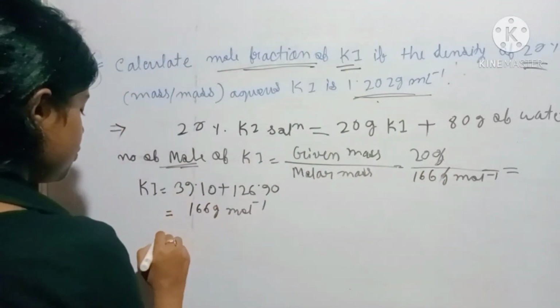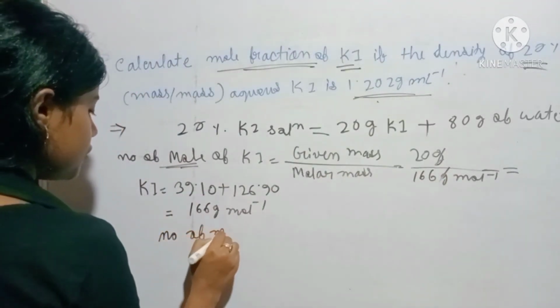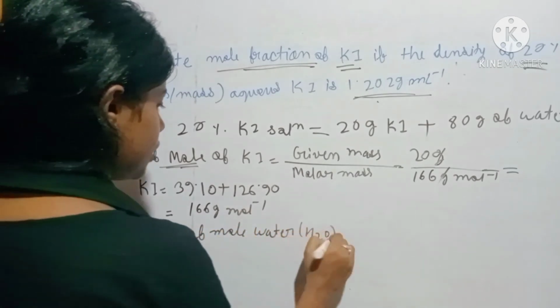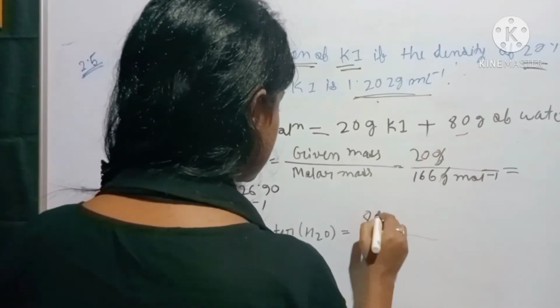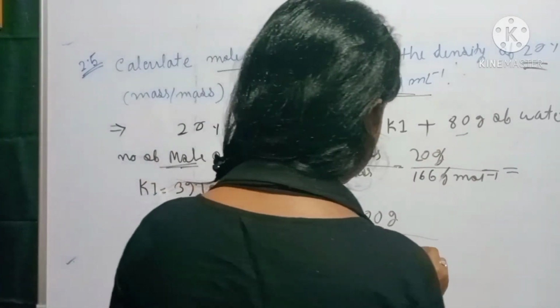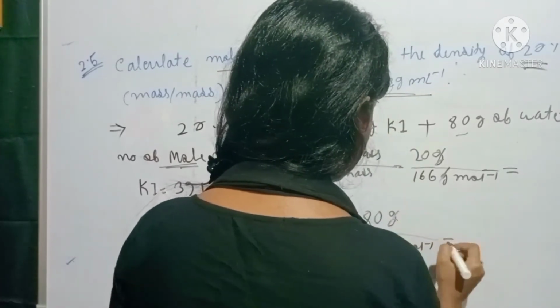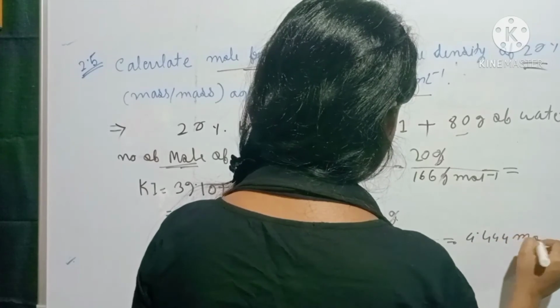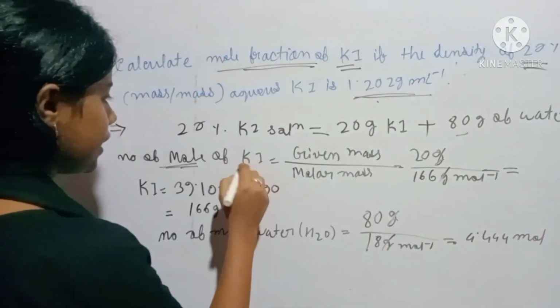Now the number of moles of water, H2O, where the given mass is 80 gram and its molar mass we already know is 18 gram per mole. If we calculate this, it will be 4.444 mole.